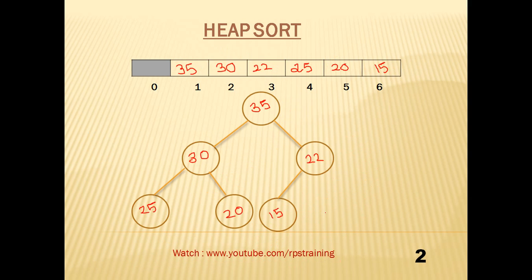This is the status of the array, and here you have to interchange 35 and 15. After making the heap, one element will be interchanged with the last element. So it will be 15, and 35 will go to the last position.